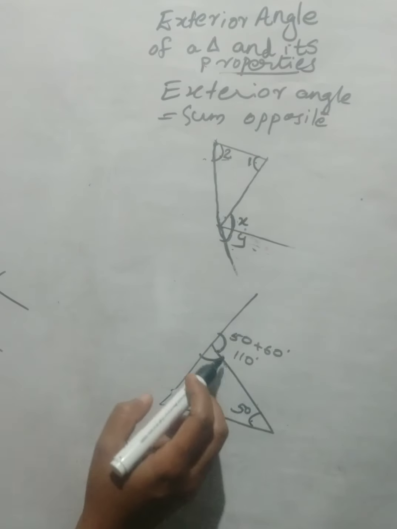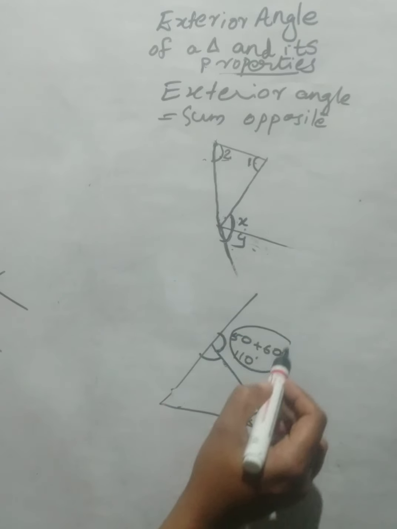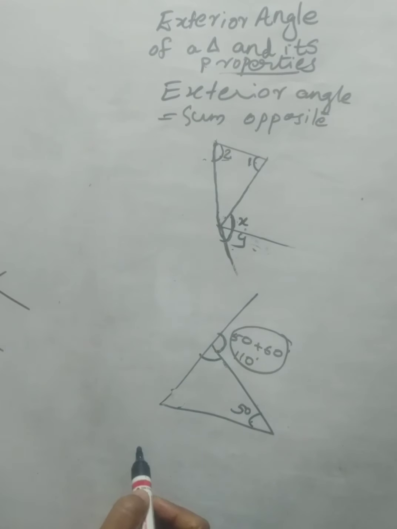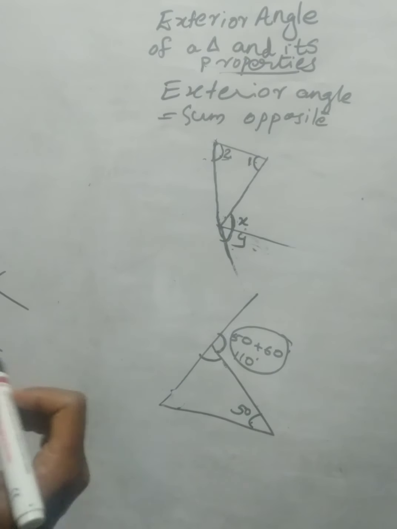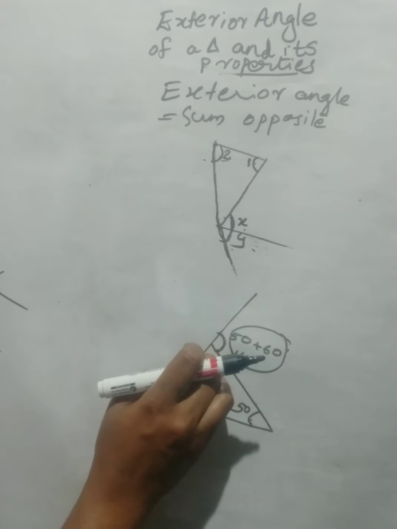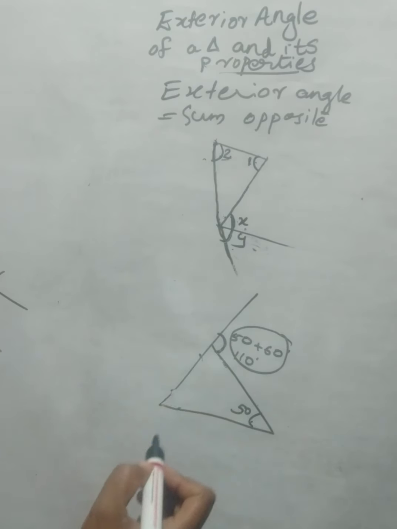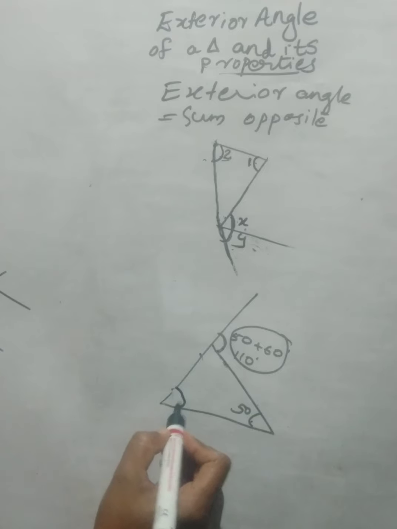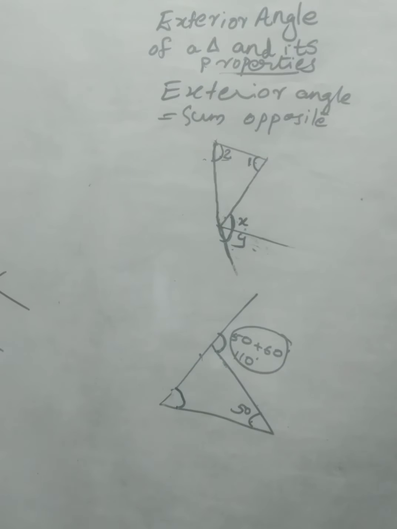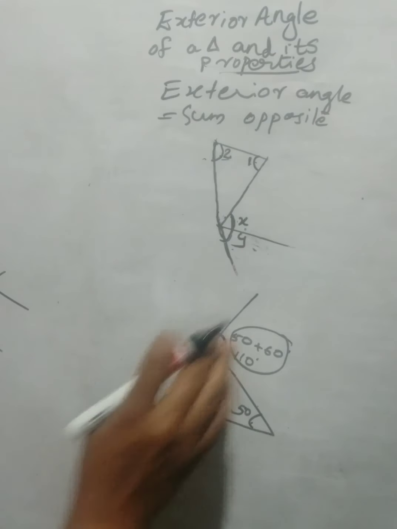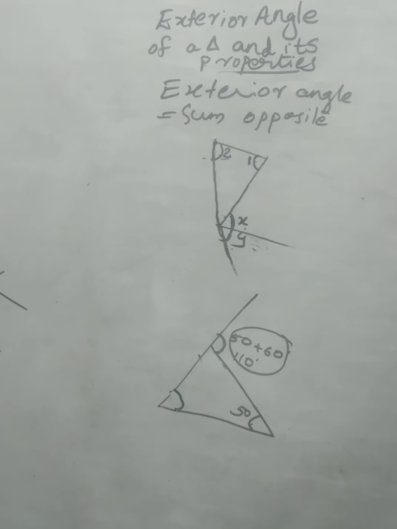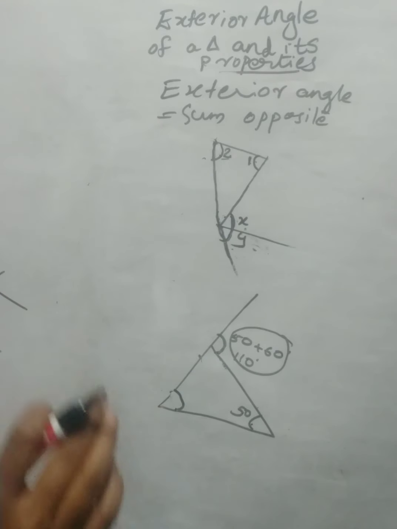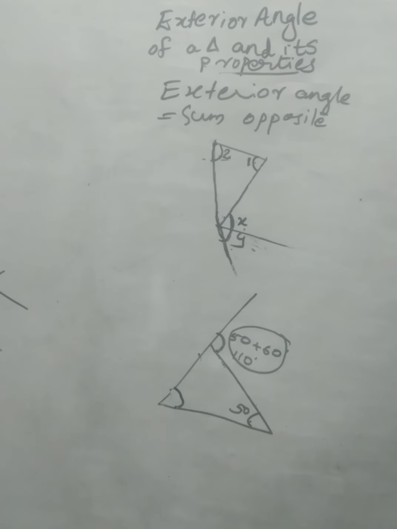Can we add these two and say this sum is equal to this exterior angle? No. We have studied that we have to take the opposite interior angles of this exterior angle itself. Opposite interior angles and the exterior angle of the same triangle.